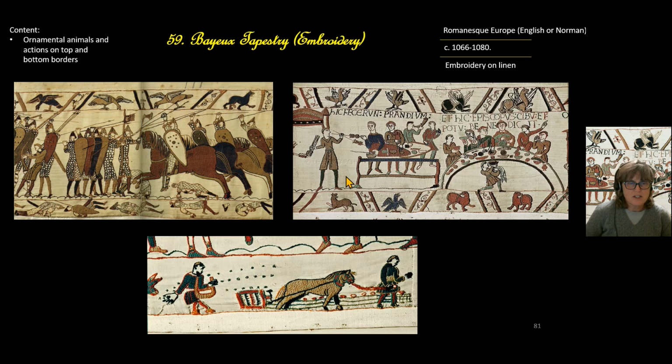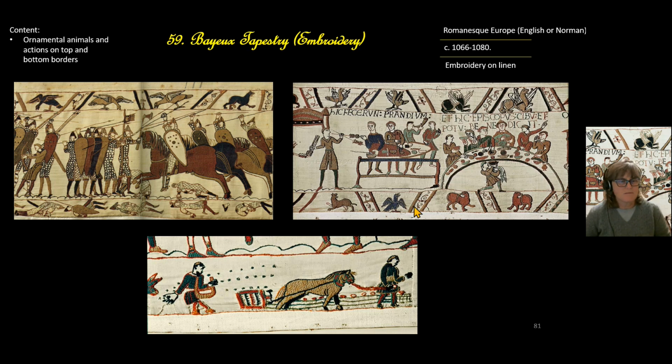So let's look at these two images that were taken from the Bayeux embroidery. They're organized with a main scene, you can see that, and then above the main scene there is a border, and below the main scene there is a border.